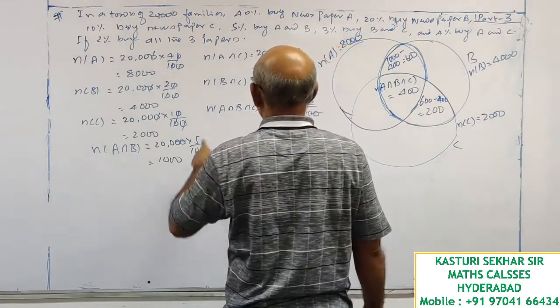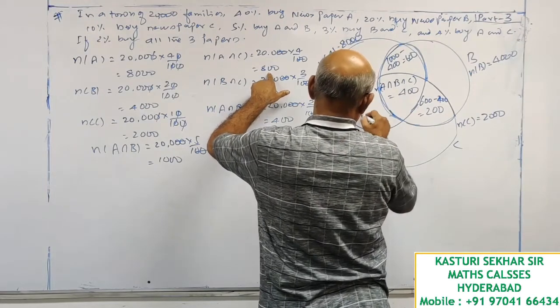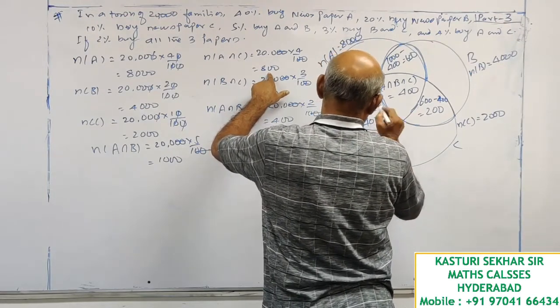A intersection C is 800 minus 400, which is equal to 400.